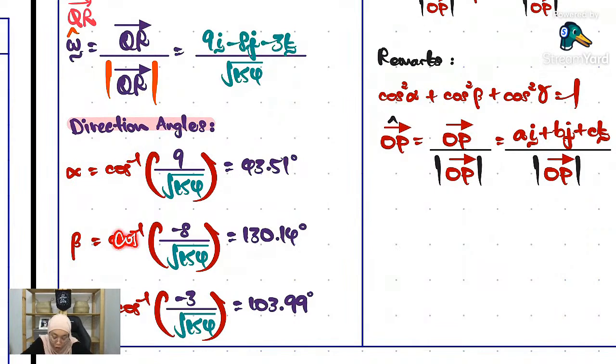Shift cos, everything is just shift cos. You know that this is the value of A. So 9 is the value of A, B is -8, C is -3. So only one value each: A, B and C. Below is their respective magnitude, and then you directly get the answer for the angles.